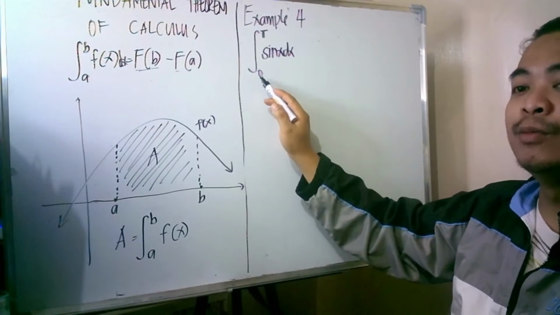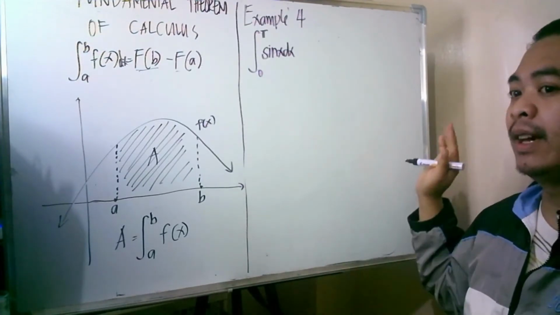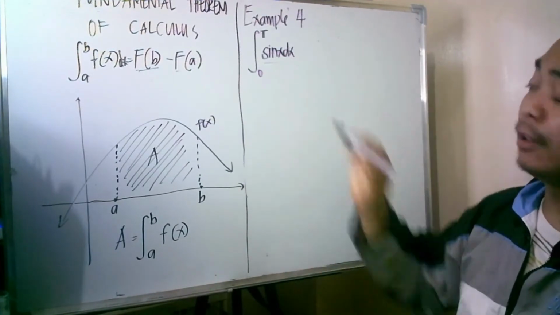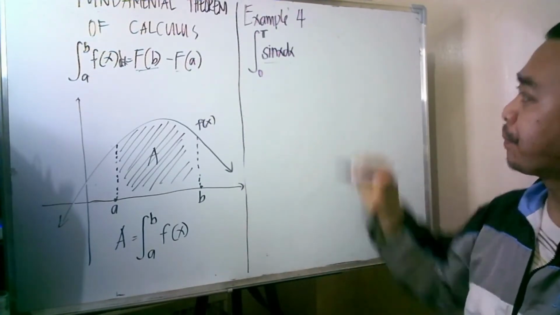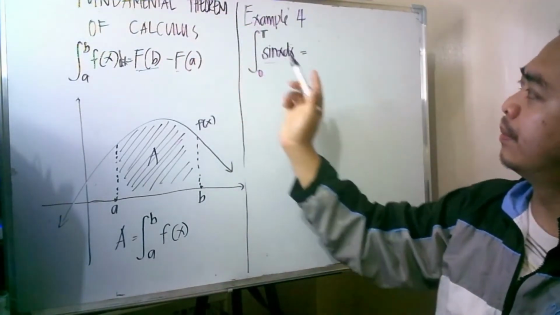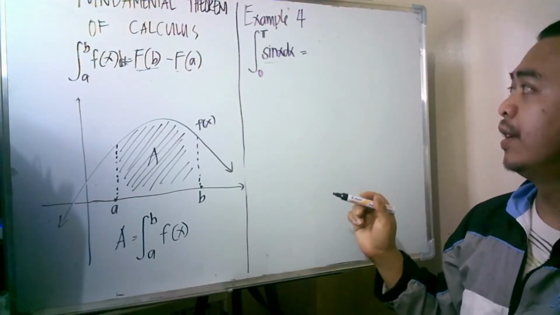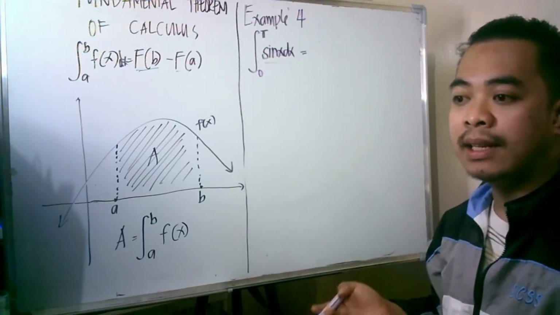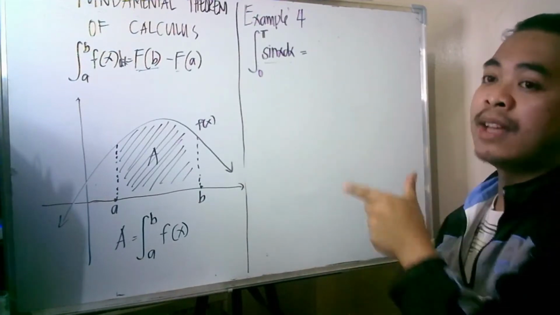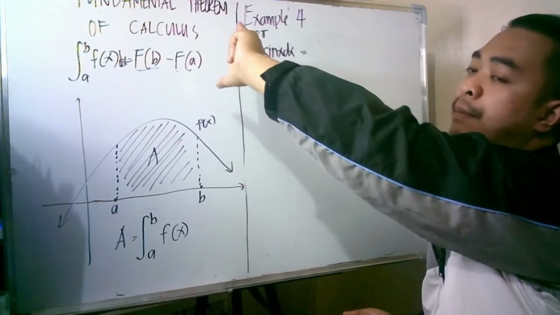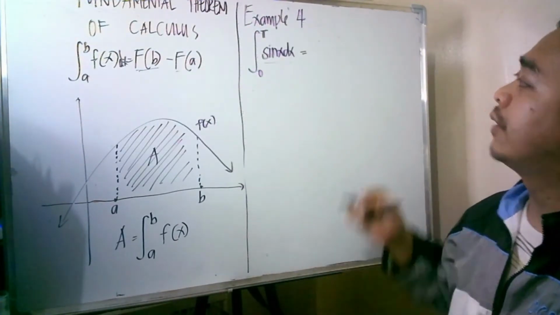Medyo sinasadya ko munang 0 yan para sa left part, pero hindi kailangang 0 na naman kasi nasa trigonometric functions pala tayo. So, since ang ina-apply lang natin ay ito, let's start with simpler functions. Siyempre, kapag komplikado yan, kailangan na nating mag-apply ng substitution para lang makakuha tayo ng antiderivative. That is applying fundamental theorem of calculus.